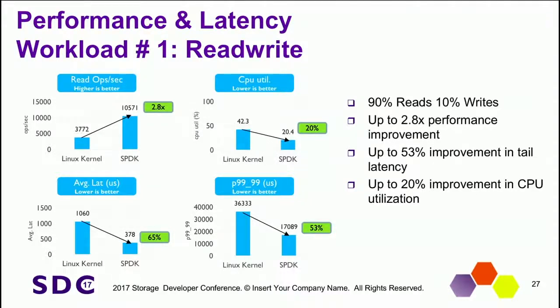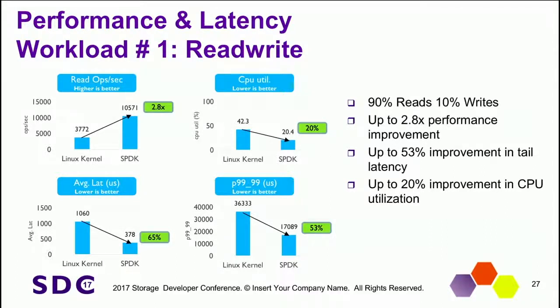Average latency dropped, which is a good thing. You have more IOPS, you can perform at higher speed with lower response times. CPU utilization was lower by 20%, and then the P99, that's the biggest one. I would talk about the tail latencies using this SPDK asynchronous driven approach.